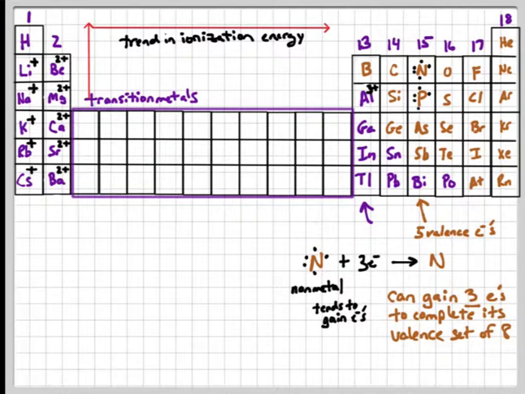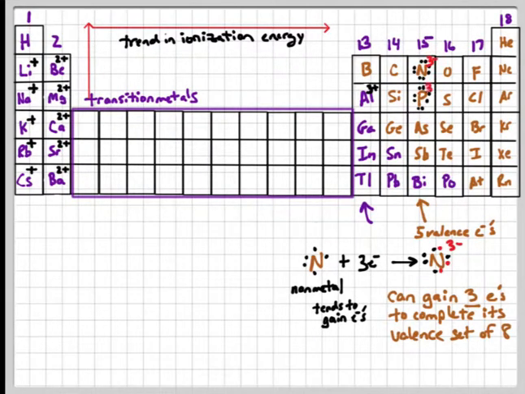So as we see here, the nitrogen has 5 valence electrons, so 3 open spots to fill its valence set. So I add 3 electrons, and those are shown in red. Those 3 electrons are now surrounding this Lewis structure for this ion, which now has 3 extra electrons and therefore a 3 minus charge.